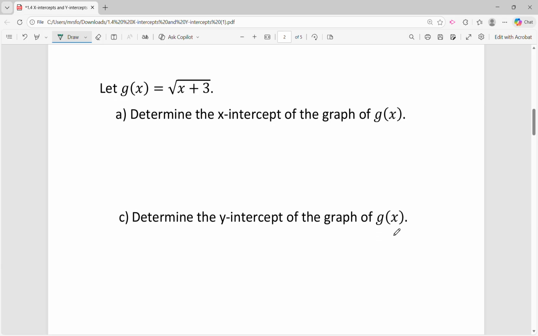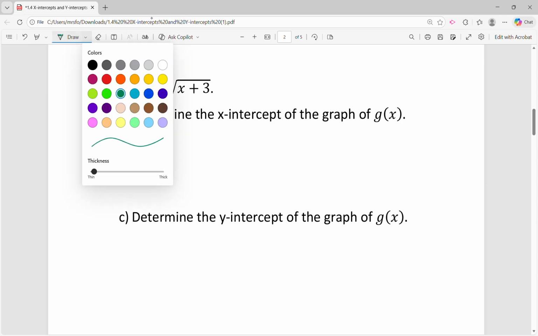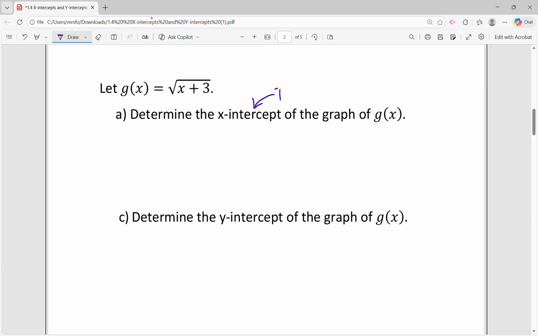So here, determine the x-intercept of this graph. So for the x-intercept, that means replace the g of x with 0. So this is going to be 0 equals the square root of x plus 3.